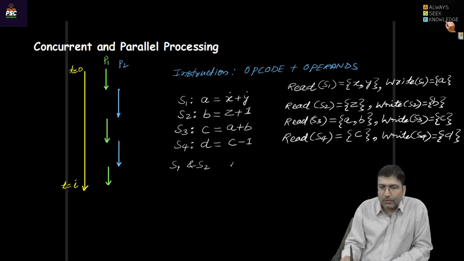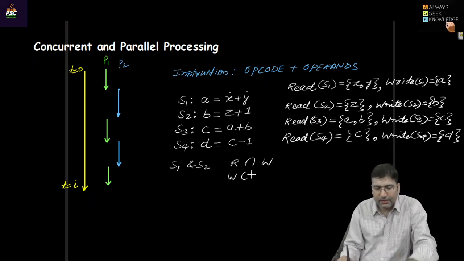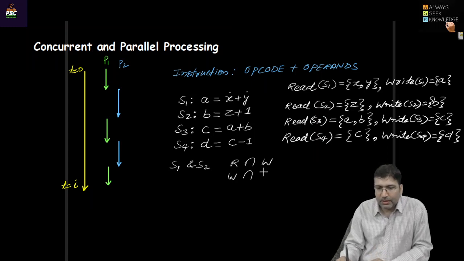So we find the read set of one instruction intersected with the write set of another, and the intersection of the write sets. If all of these are empty, then we can say those instructions can be executed concurrently.